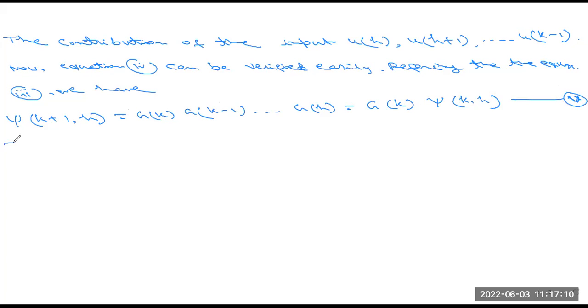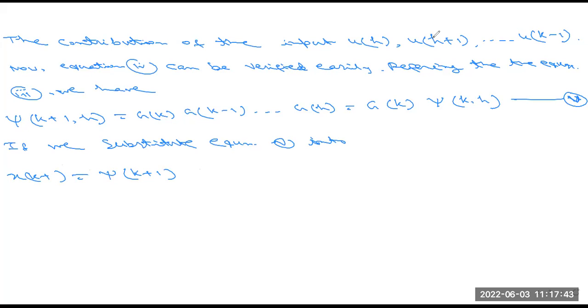Okay, so if we substitute equation 5 into x of k plus 1, this is equal to psi of k plus 1, k plus 1 comma h, into x of h, plus a summation of j equal to h to the highest power k, psi of k plus 1 into j plus 1, into h of j, u of j.